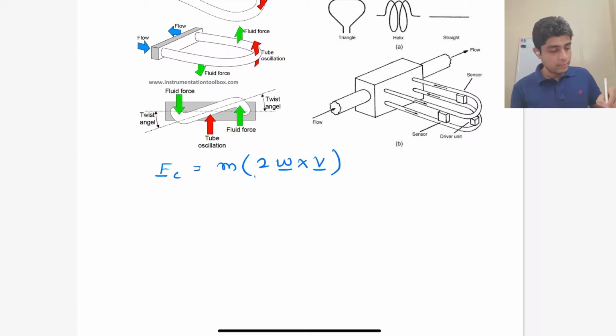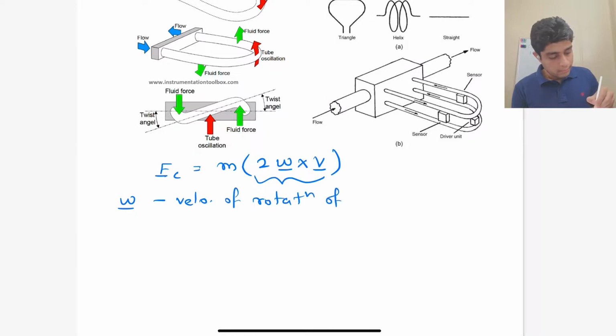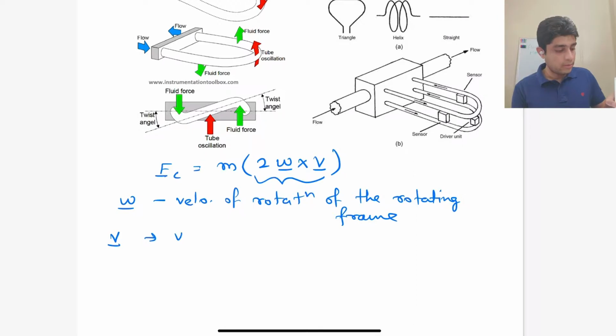So the Coriolis term is basically 2 times the cross product of the velocity of rotation of the frame, of the rotating frame, and v is the velocity of the object, which is moving in that rotating frame of reference.